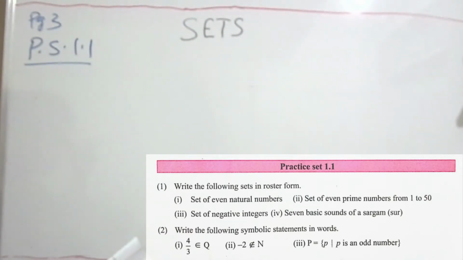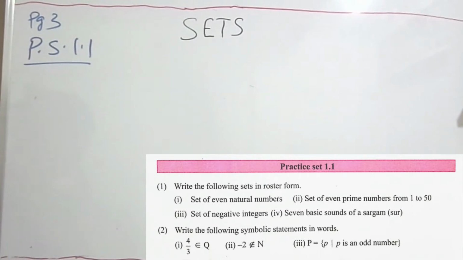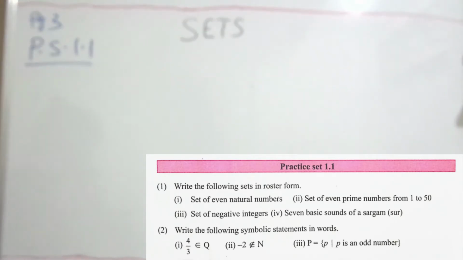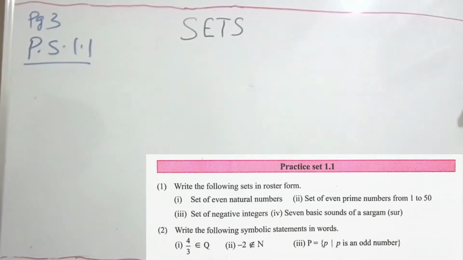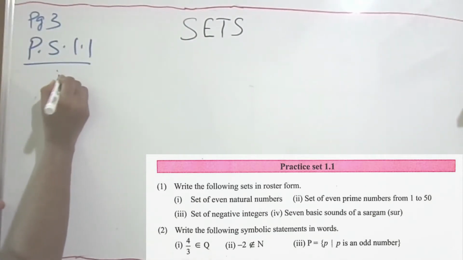You can pick up the even prime numbers. The numbers from 1 to 50 are 1, 2, 3, 4, 5, 6, 7, 8, up to 50, and from there the prime numbers are 3, 5, 7, 11.